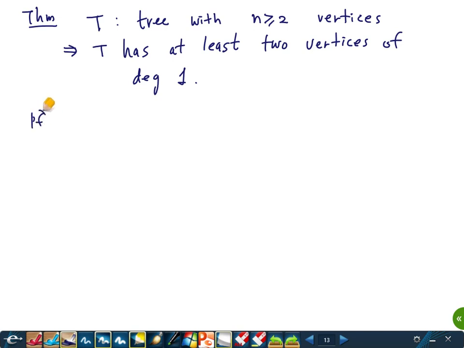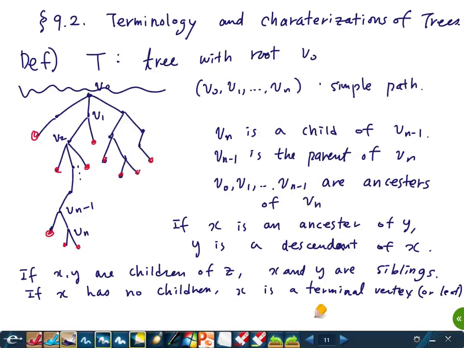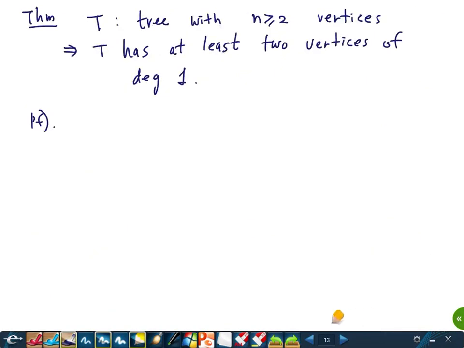Proof. Sometimes a vertex of degree 1 is also called a leaf. But if you remember the many terminologies that are defined here, they are defined on a rooted tree. So leaf is defined only for a rooted tree over here, but in some textbooks, a vertex of degree 1 in a tree is also called a leaf.